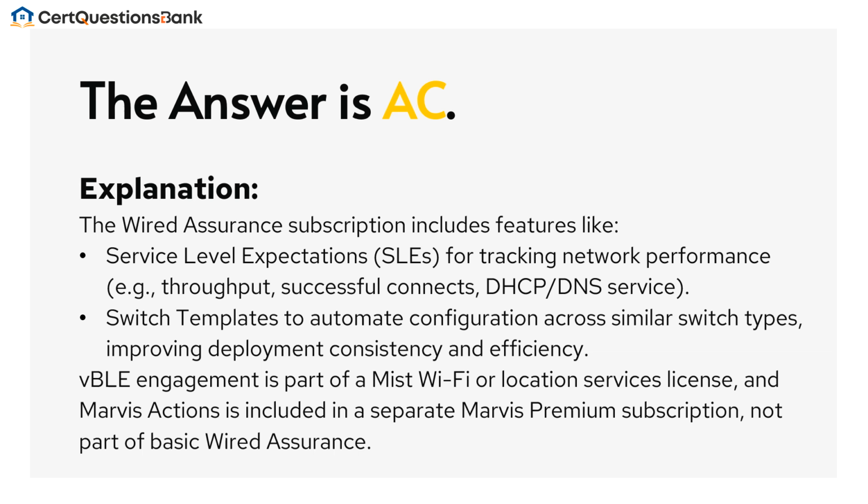Switch templates automate configuration across similar switch types, improving deployment consistency and efficiency. VBLE engagement is part of a Mist Wi-Fi or location services license, and Marvis Actions is included in a separate Marvis Premium subscription, not part of basic wired assurance.